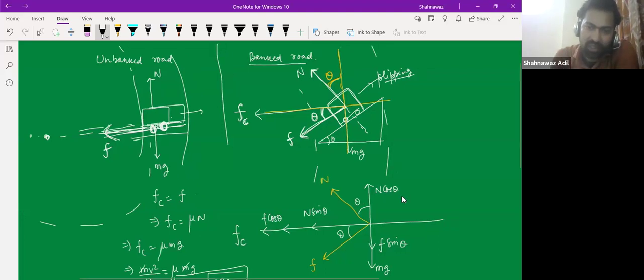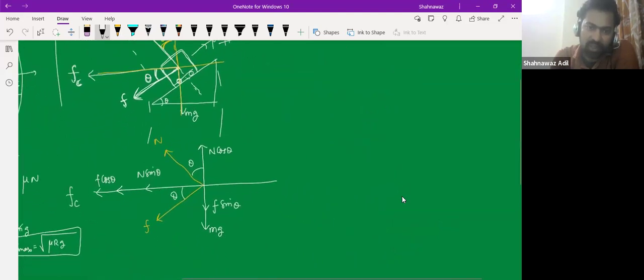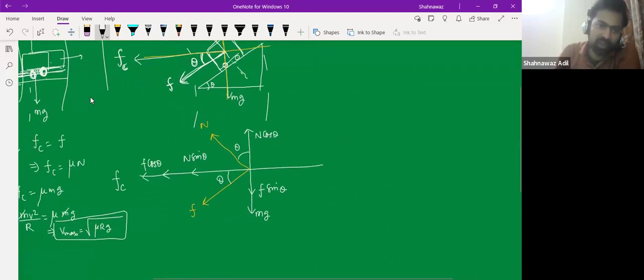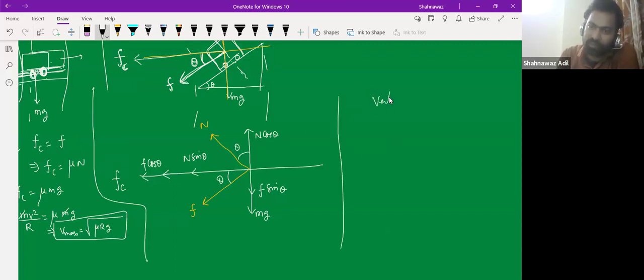So if we write the Newton's law, not the Newton's law, we are only writing the equilibrium condition. So in the vertical part, you have the equilibrium condition: N cos theta is f sin theta plus mg.